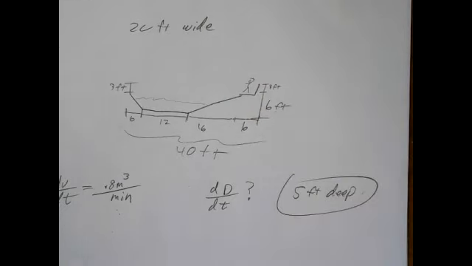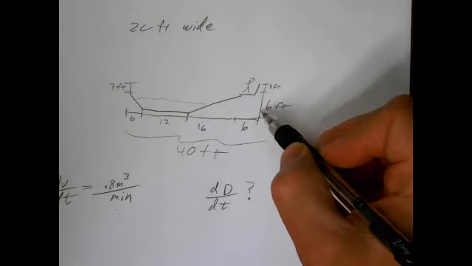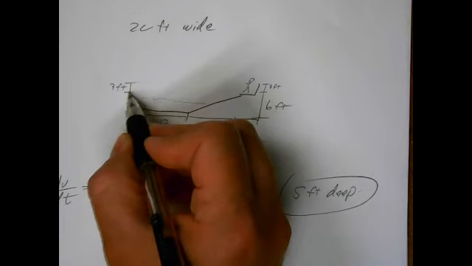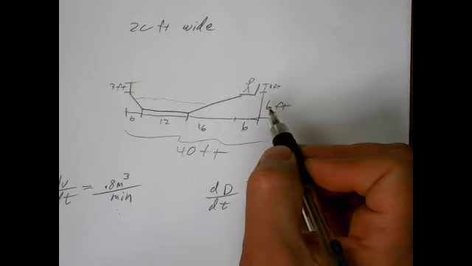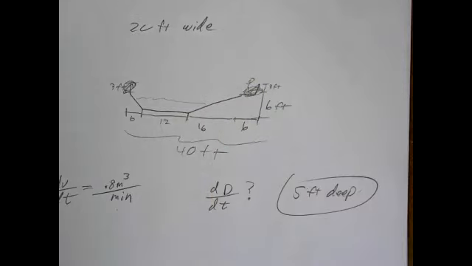All right. So what that tells us is they've given us a lot more information on this pool than what we really need, because this is 6 feet over here. So the water is below this level here and there. So none of that actually matters.